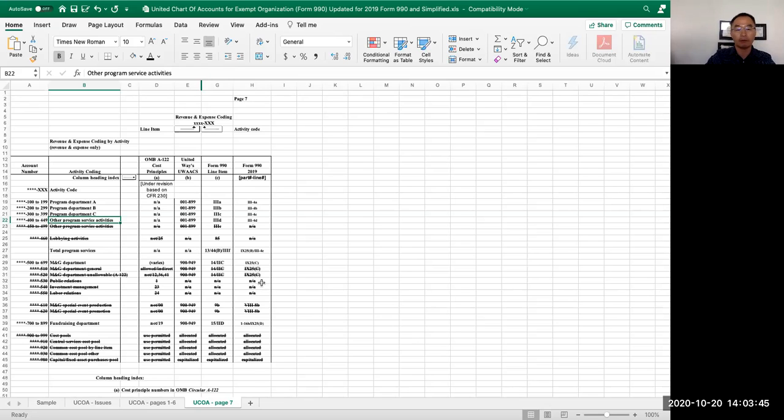And my ultimate goal is actually to talk to QuickBooks and see if they can put it into the system as a default program. So if you choose Form 990, then it automatically uses this chart of accounts. And then of course, you can customize, like what program, right? Specific program you can use.